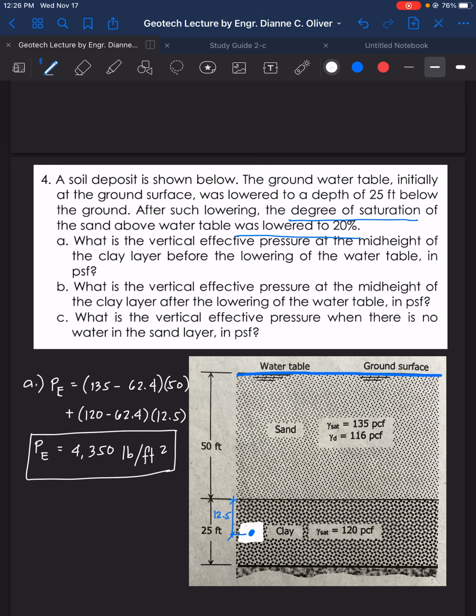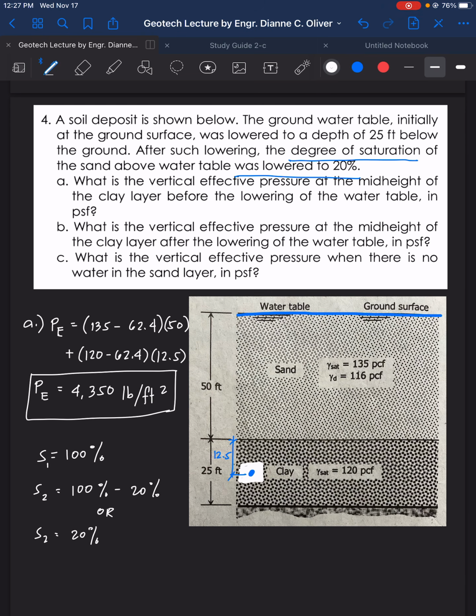So originally, since the sand is submerged with water, S is equal to 1, or 100%. If it says the degree of saturation was lowered to 20%, does that mean that the second condition here means 100% minus 20%, or is that S2 is equal to 20%?